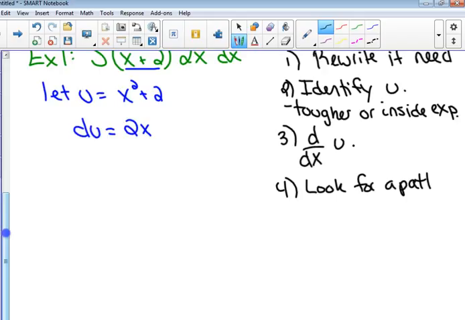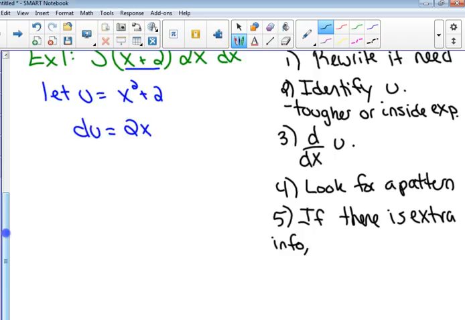What I mean by pattern is that you should recognize parts of the blue stuff found in your original problem. Now, step 5 is important. If there's extra info, you'll see what I mean by this in a second. You need to make a correction.